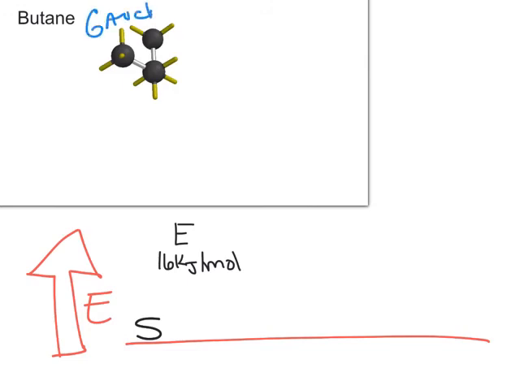And a gauche interaction specifically refers to a 60-degree dihedral angle between 2 large groups. So these 2 methyl groups are gauche to each other. And because they're larger, there's a steric value that gets added. So we have this gauche steric interaction, which costs 3.8 kilojoules per mole.